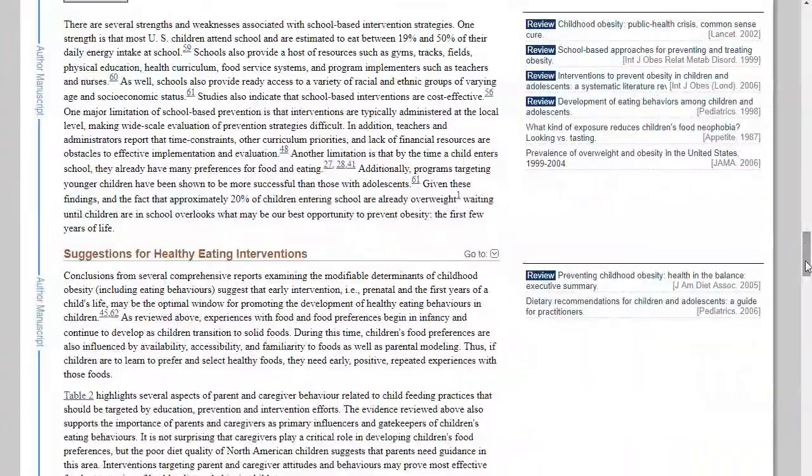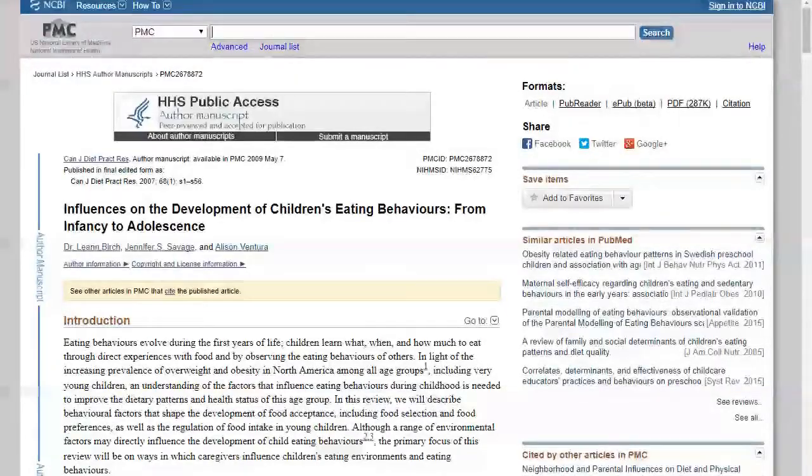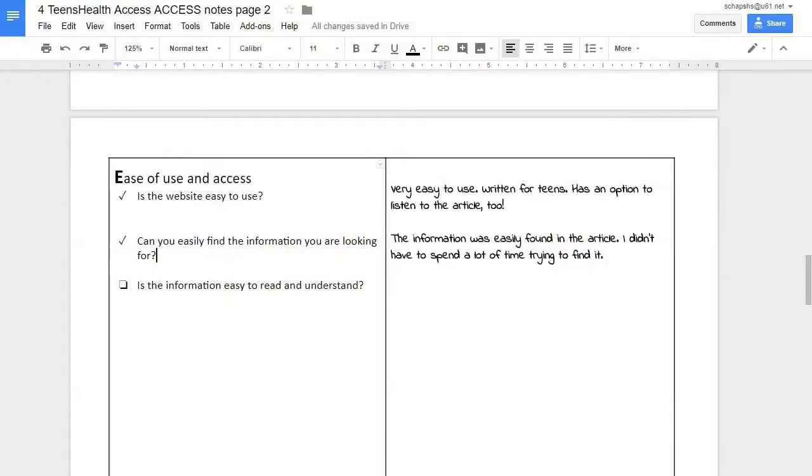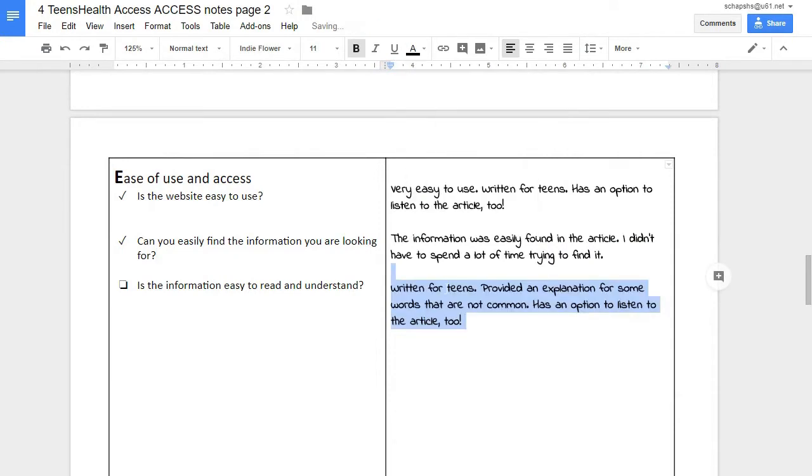It uses quite a lot of language that a teenager wouldn't typically use. It's confusing, even for a lot of adults. So when you're answering this question, is the information easy to read and understand? Really be critical about it and make sure you do understand what the information is actually telling you.